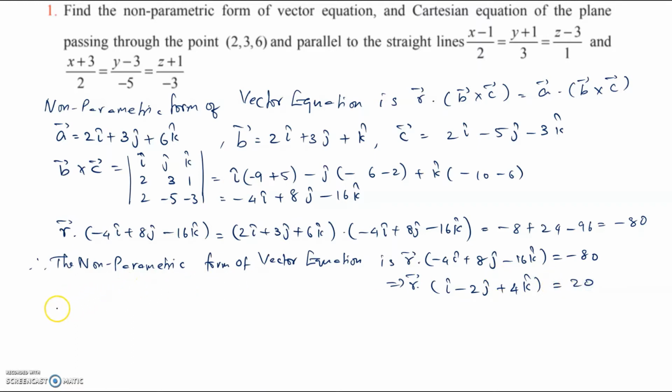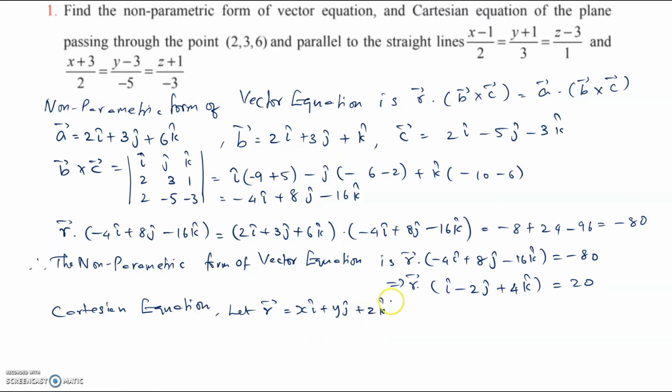Now the Cartesian form of equation. Let r vector be equal to xi cap plus yj cap plus zk cap.